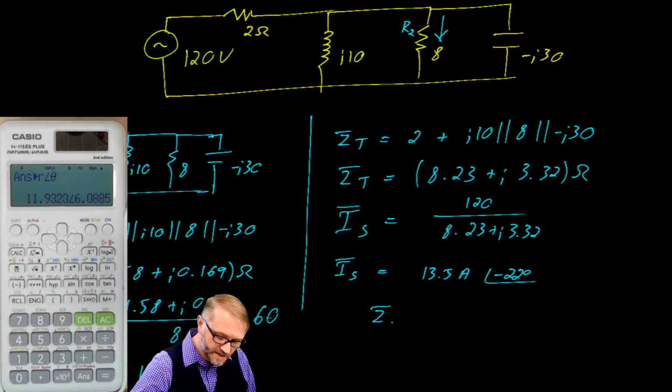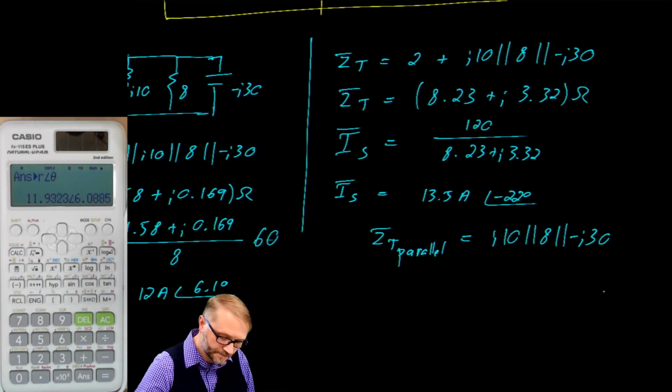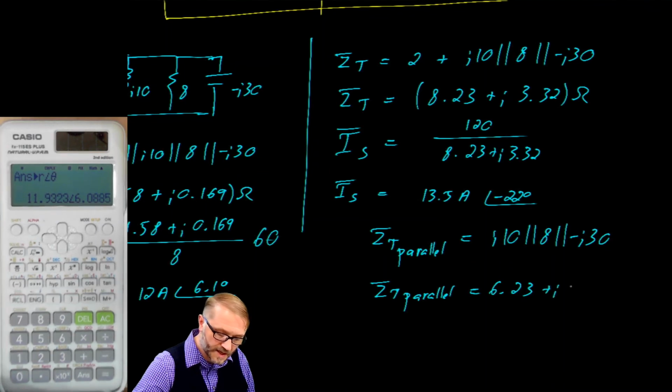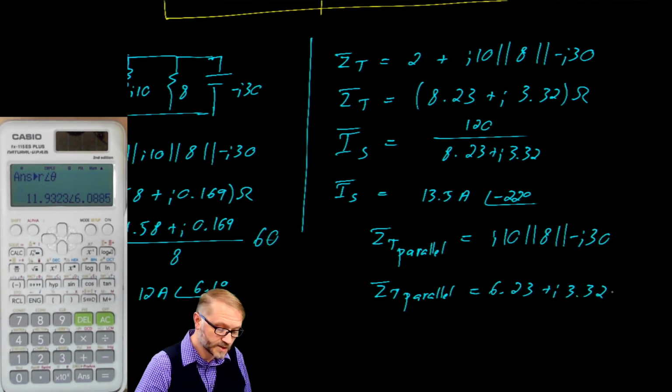So the impedance total of the parallel piece is j10 in parallel with 8 in parallel with negative j30. So Z total of the parallel is equal to 6.23 plus j3.32.